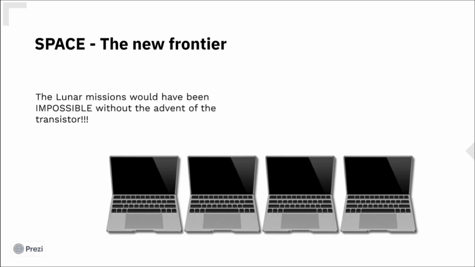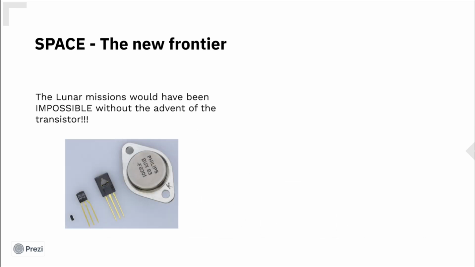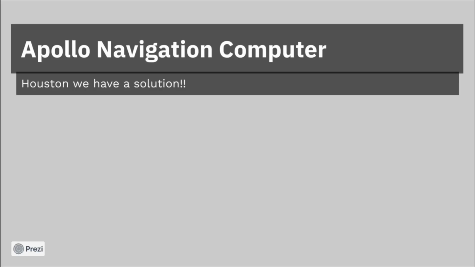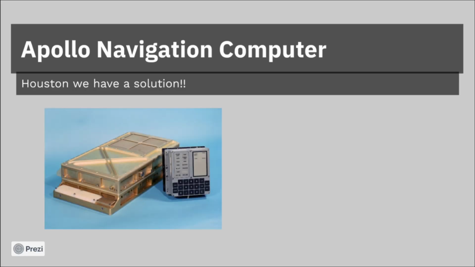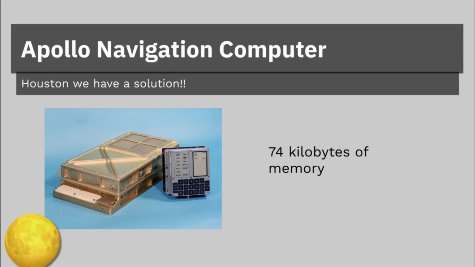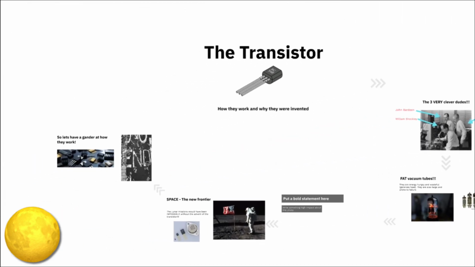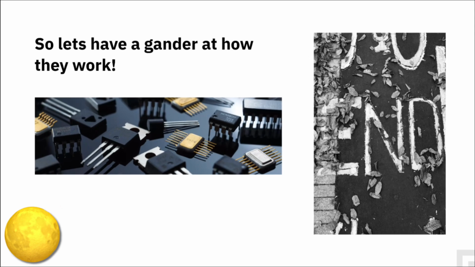The space race and the Apollo missions to the moon would have been impossible without the transistor. This here is a navigation computer from the Apollo missions, and it has a whopping 74 kilobytes of memory. Anyway, folks, let's toddle off to the board and see how transistors actually work.